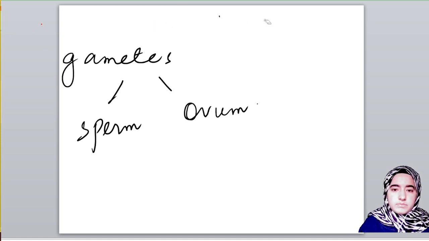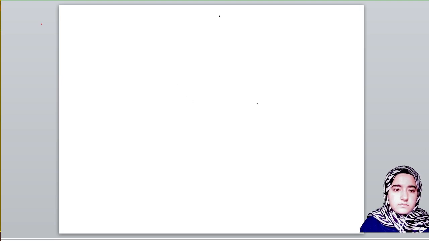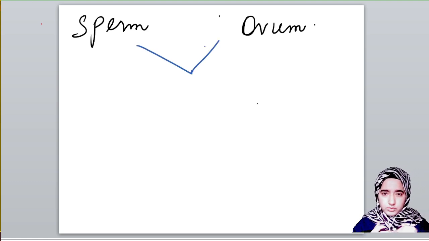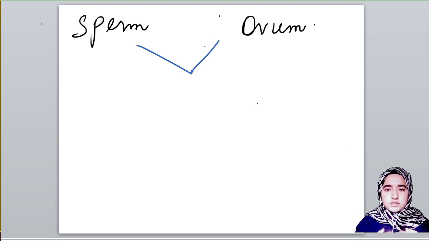Say for example, this is a sperm coming from the male, and this is an ovum coming from the female. What happens once they fuse, either inside the body or outside the body? In some organisms it occurs inside the body, known as internal fertilization, and in some organisms it occurs outside the body, which we call external fertilization.